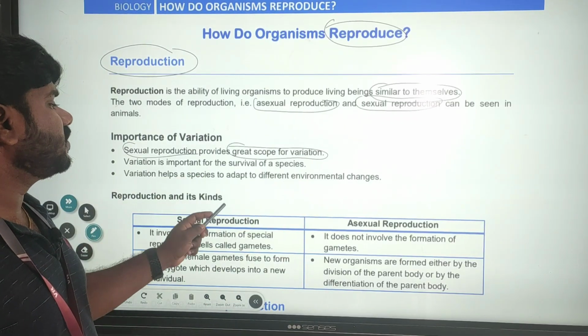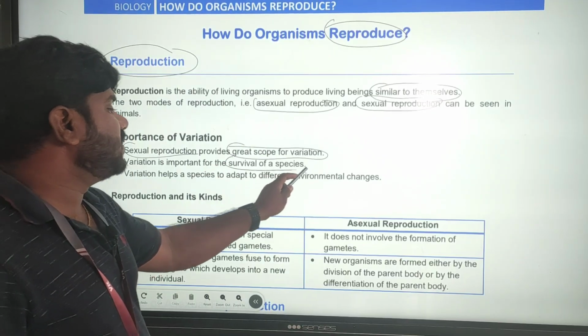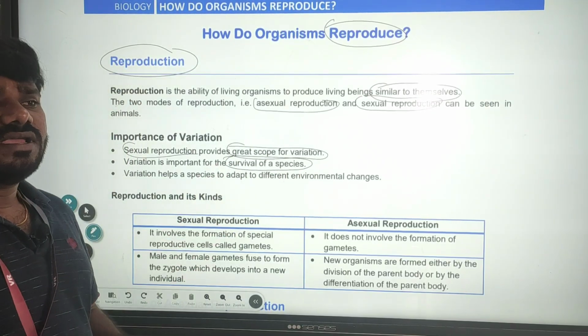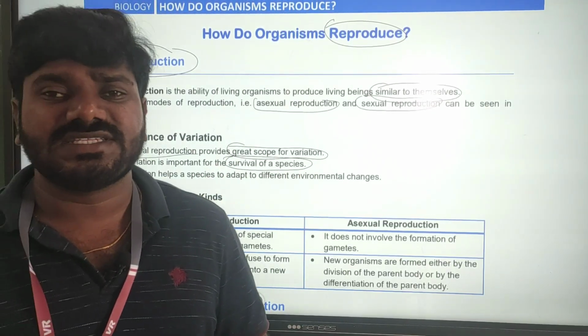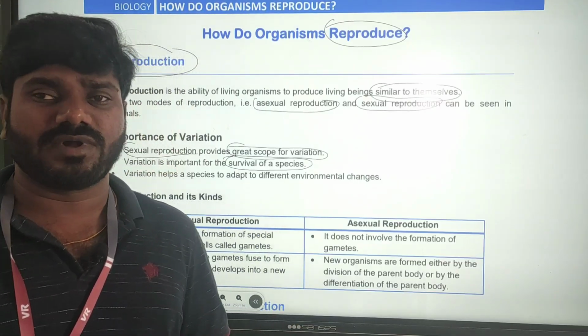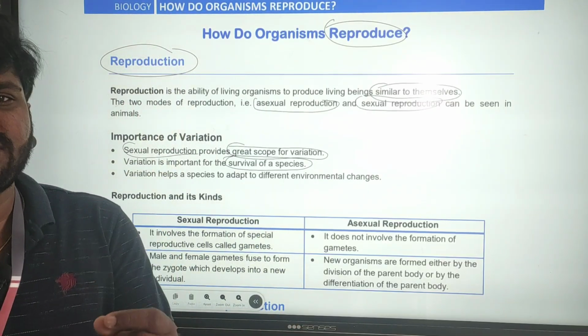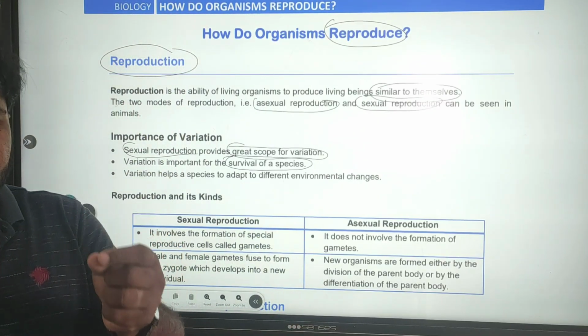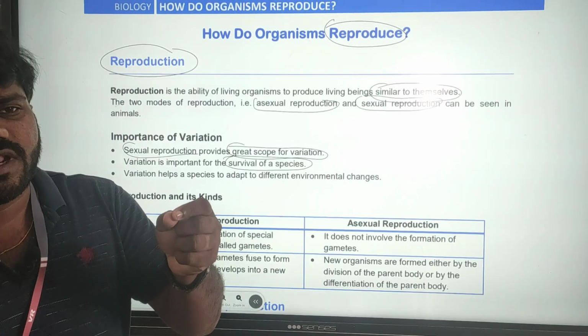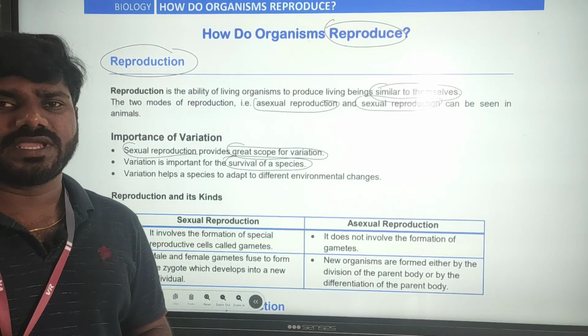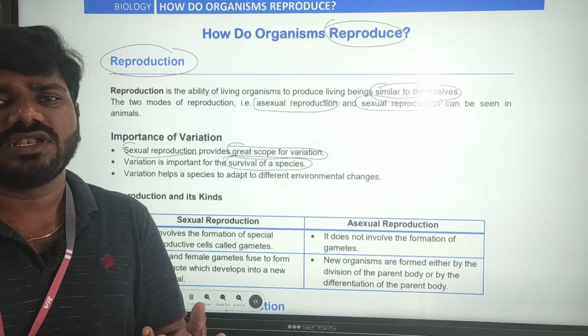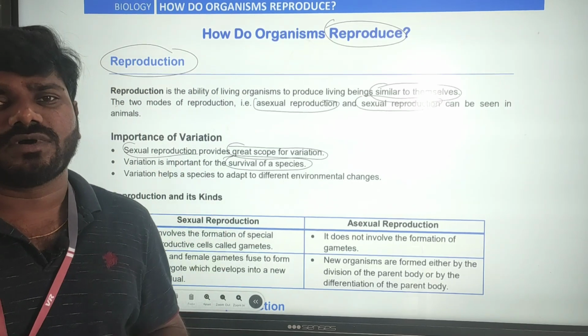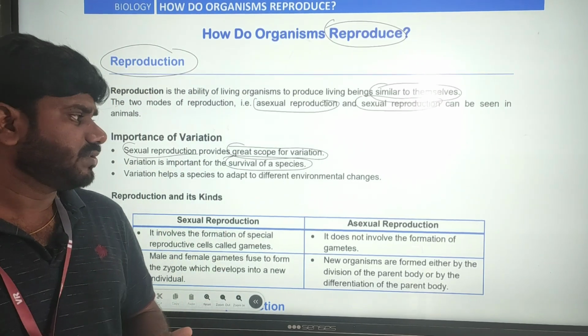Variation is important for the survival of the species. If a species wants to survive, then it has to produce a variety of offspring, and that variation will exist for many years.